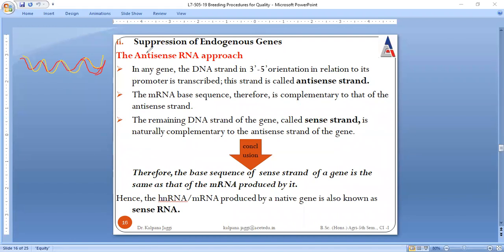If I open its structure, we have two strands: one extending in the 3' to 5' direction, and another extending in the 5' to 3' direction. Kindly put an arrow instead of this hyphen, right? 3' to 5' direction and 5' to 3' direction.